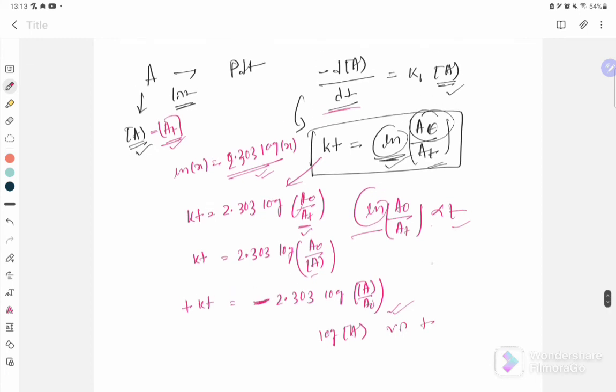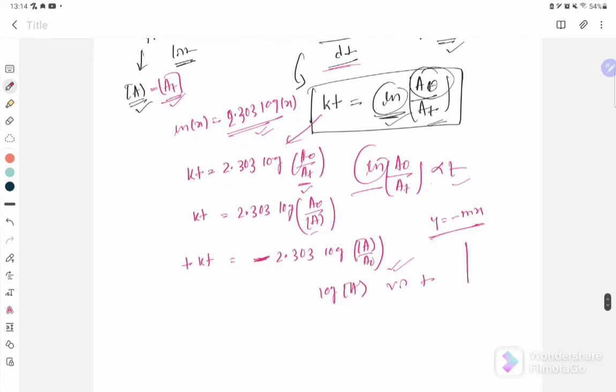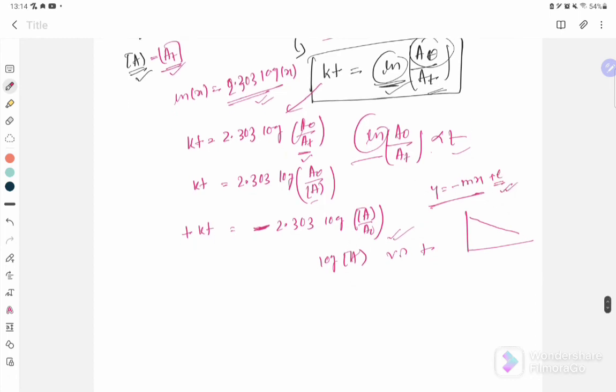We know that if y is equal to minus mx plus c, this will be our equation. So this is also correct, since it has the form y is equal to minus mx plus c, where c will come from A0.